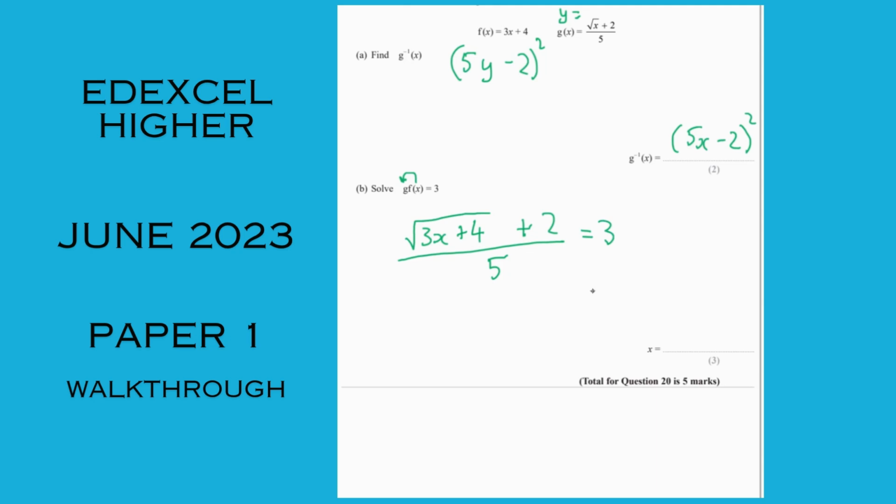So again, it's a whole lot of doing opposites. So times in both sides by 5. Subtract 2. Square both sides. Take away 4. Divide by 3. Easy when you know how, but do practice your BIDMAS in reverse.